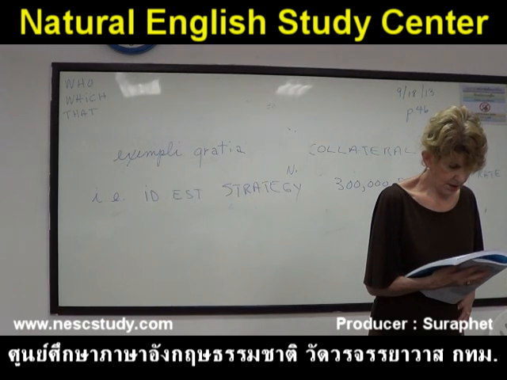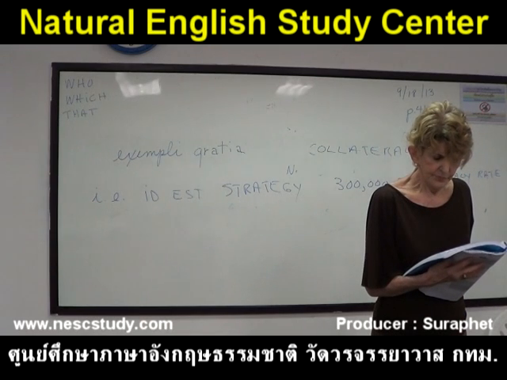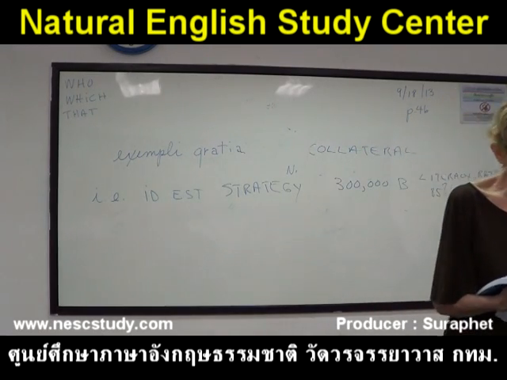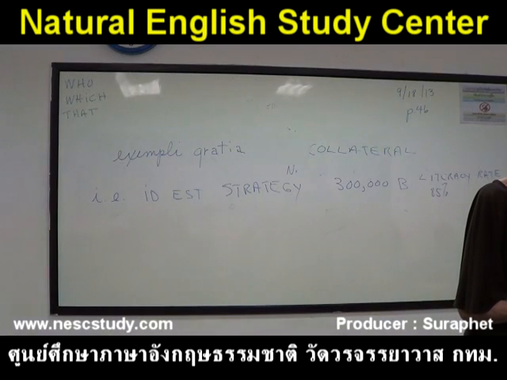If this woman wants to borrow money, she must show that she, number one, is honest, has character. Number two, is able to run her business, has capacity. And number three, owns a house or land or something valuable.